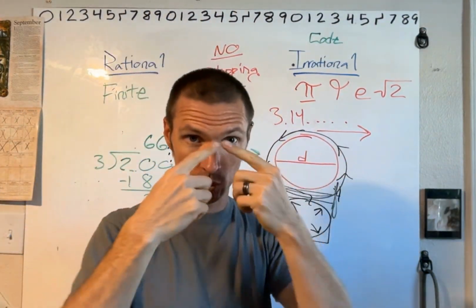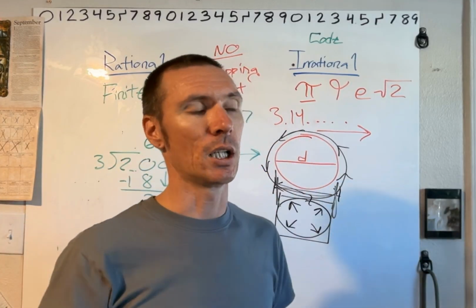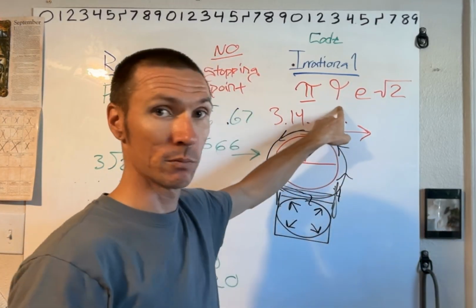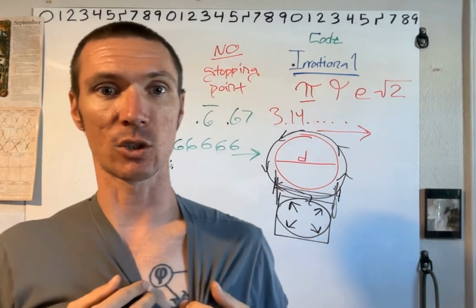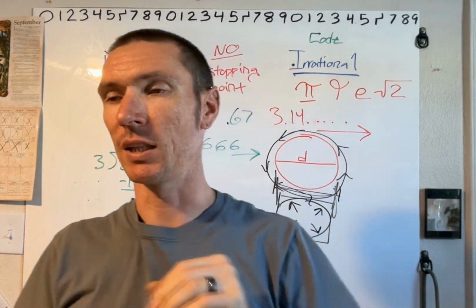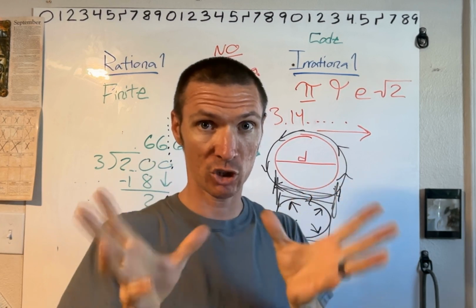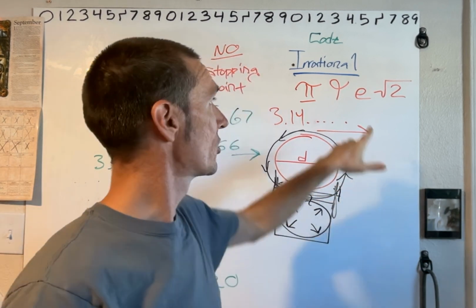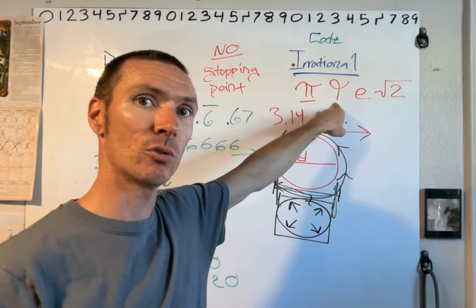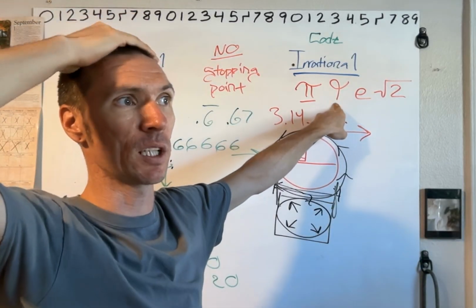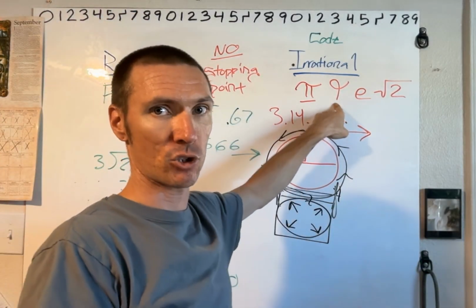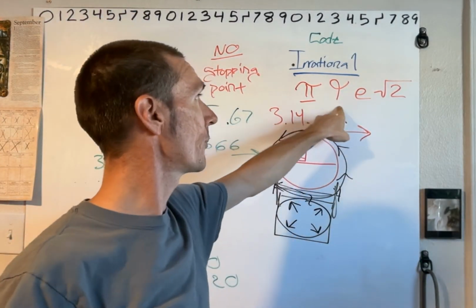Your fingers, the geometry of your face, it's all based on phi. It's the way that nature, fractal patterns, pine cones, Fibonacci, phi. So phi is the irrational. It is the infinite version of Fibonacci. And I can prove that in another video.